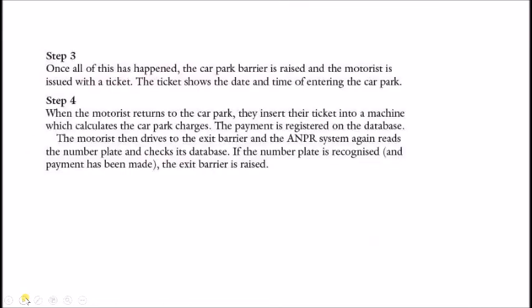Now step 3, once all of this has happened, registering and putting the data of this plate into the computer, the car park barrier is raised and the motorist is issued with a ticket. The ticket shows the date and the time of entering the car park, and some systems now are not issuing tickets, it's just saved in the computer system.